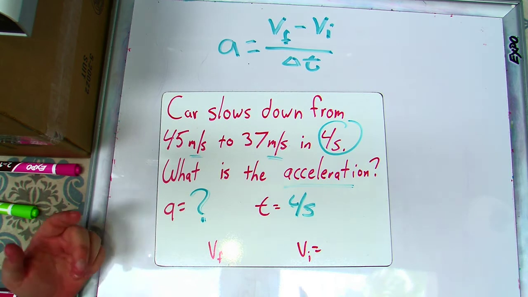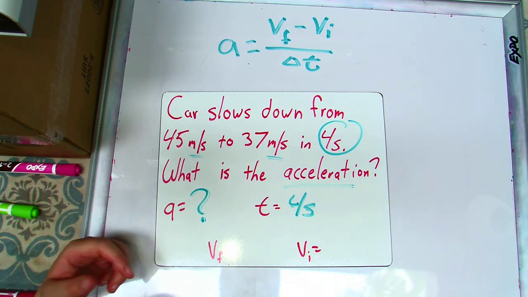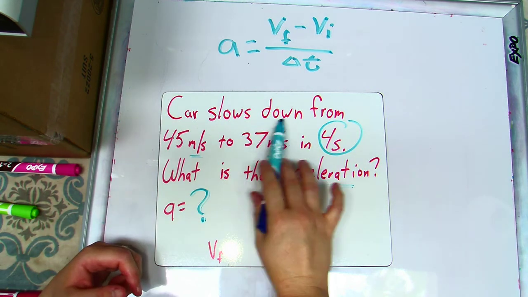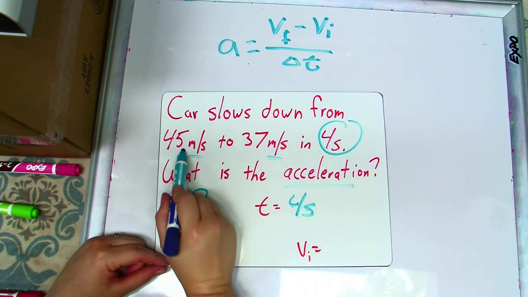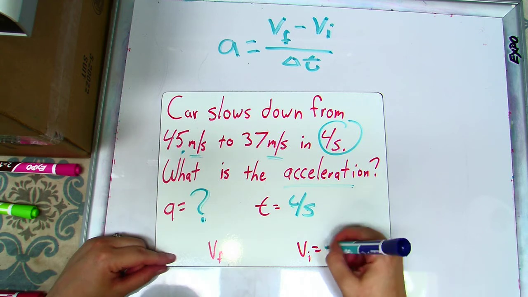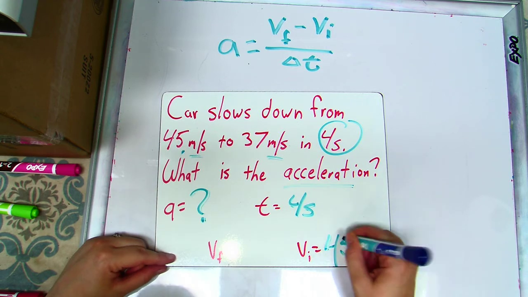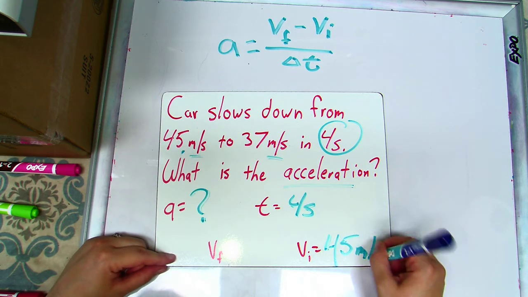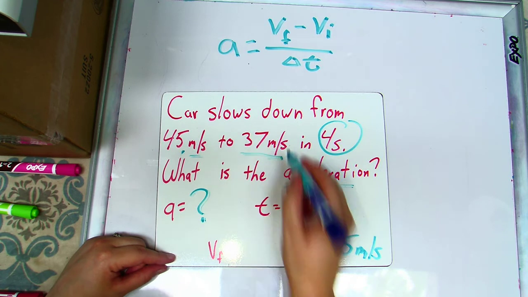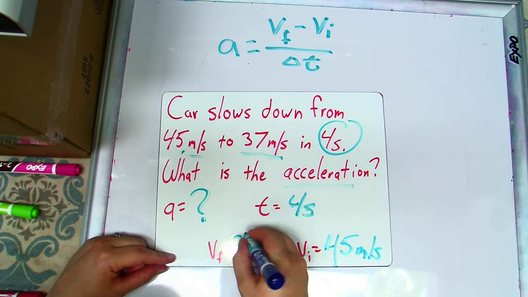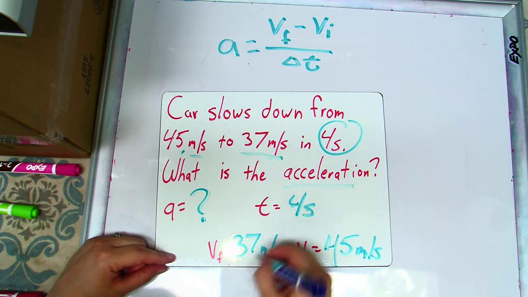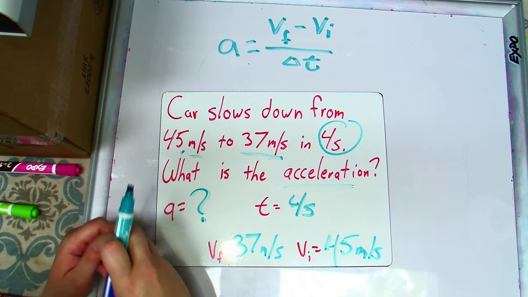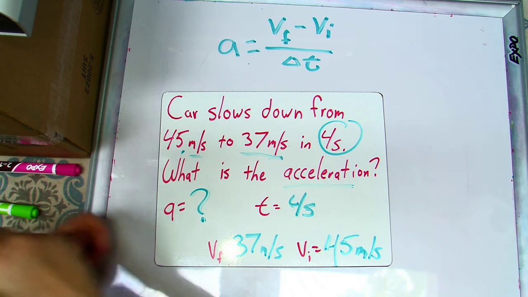And meters per second, those are my velocities. Now which one is which? Which one's final? Which one's initial? Well, it says it slows down from this, so that's my first one. That's my initial. To this one, so that's my final velocity. All right, time to plug and chug, as they say in math classes.